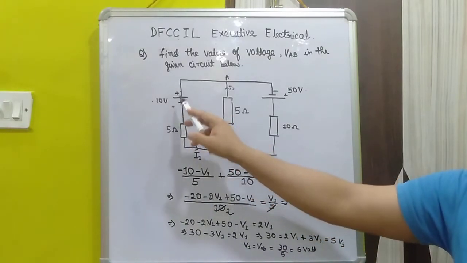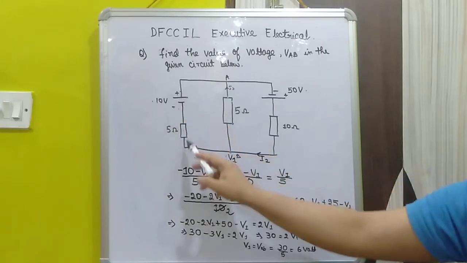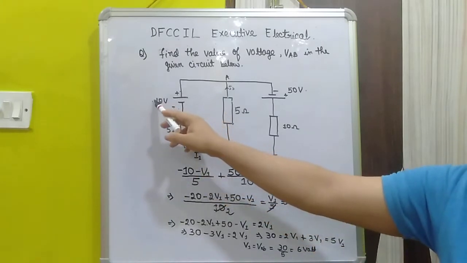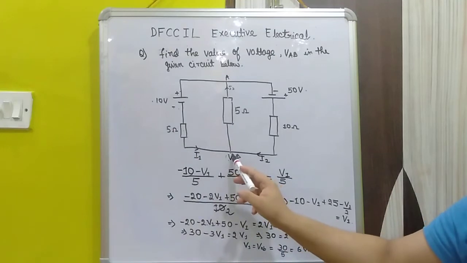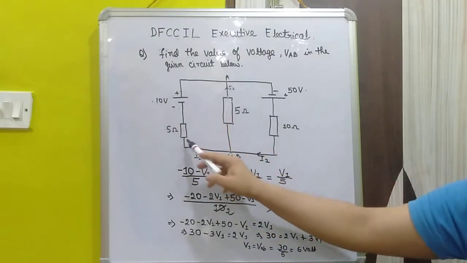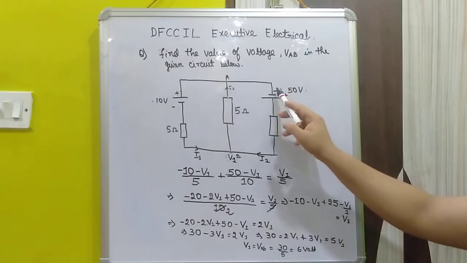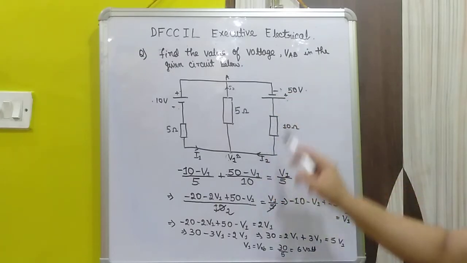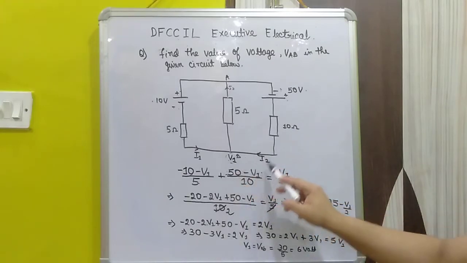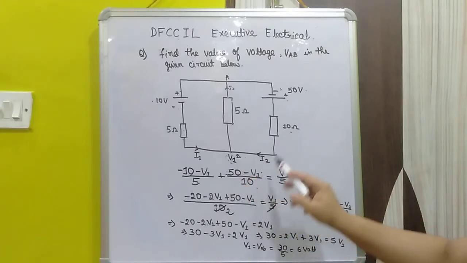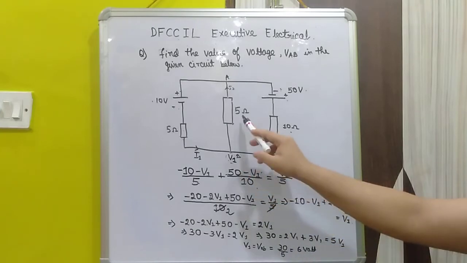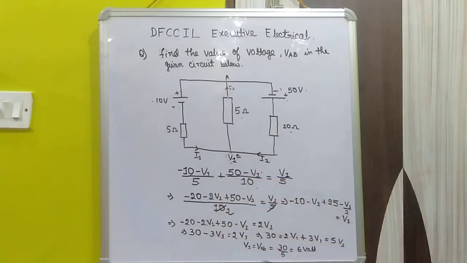As this side is positive and negative, the current goes in this direction, so it is minus 10 minus V1 divided by the resistance 5 ohm, plus 50 minus the reference voltage V1 divided by the resistance 10, is equal to V1 divided by the 5 ohm resistance. We found the voltage across the terminals A and B, and that is 6 volts. So this is the final answer.